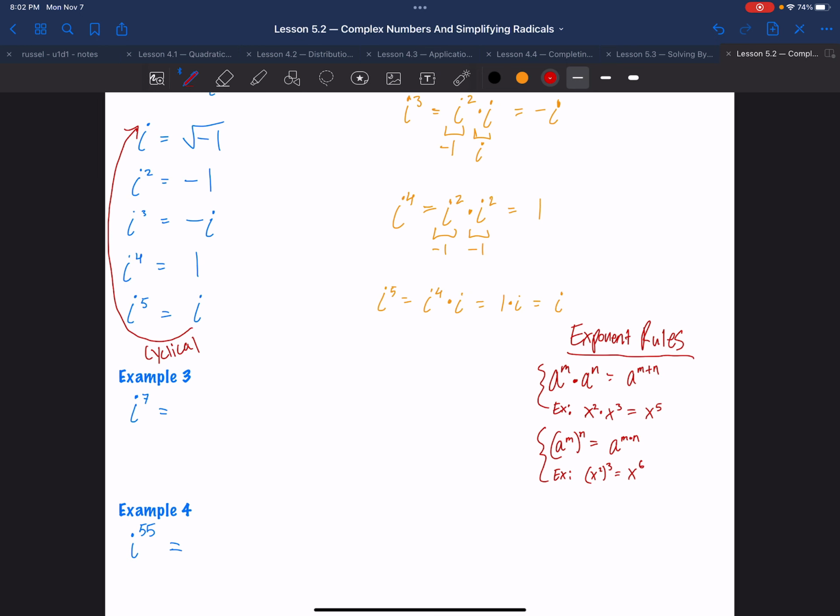We need to use these exponent rules to manipulate powers of i.